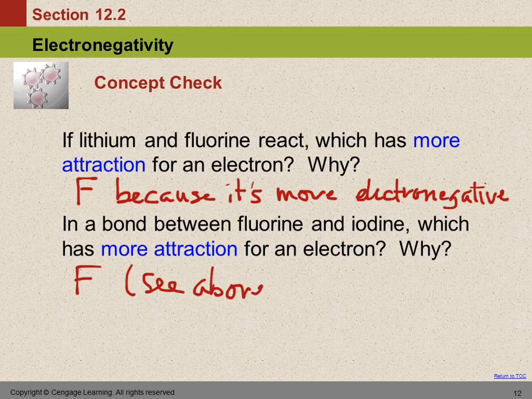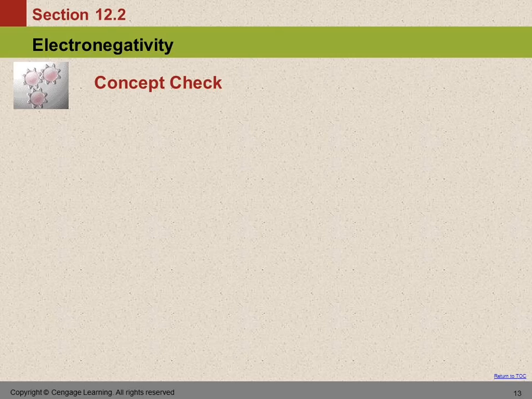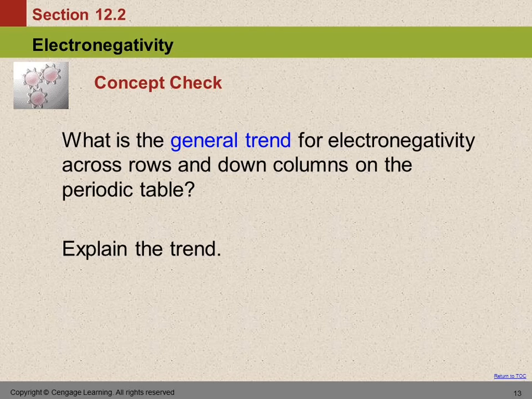See above. Ditto. It's the same answer. Because it's more electronegative. Okay? Oh, there's the answer. Fluorine and fluorine. They didn't answer well. No, they didn't. And I do have an issue with that.